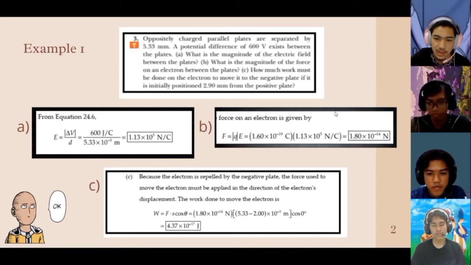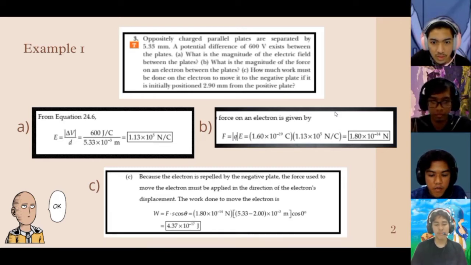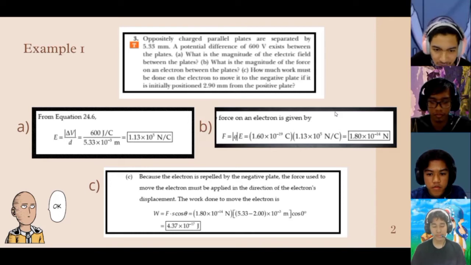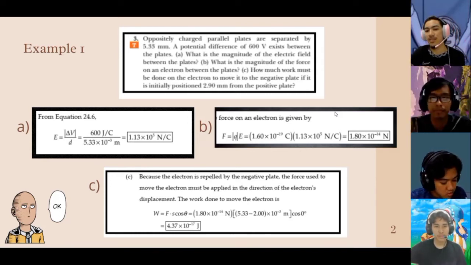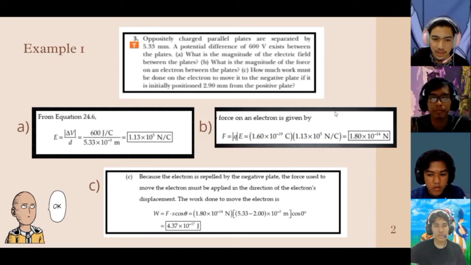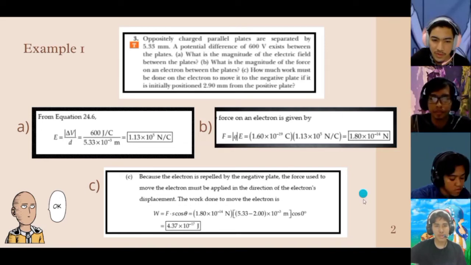For S, the distance, we subtract because initially it is at 2.6, not 0. So 5.33 minus 2.6, times F that we calculated before, cos 0, and we get the answer 4.37 times 10 power of -17 joule.